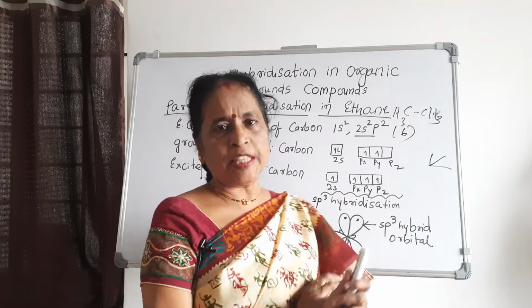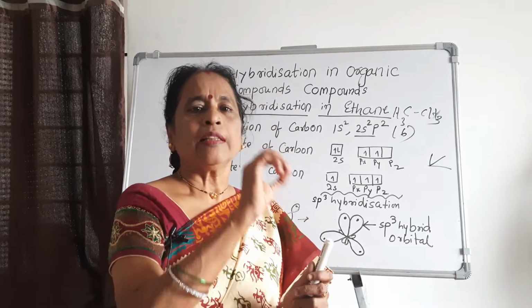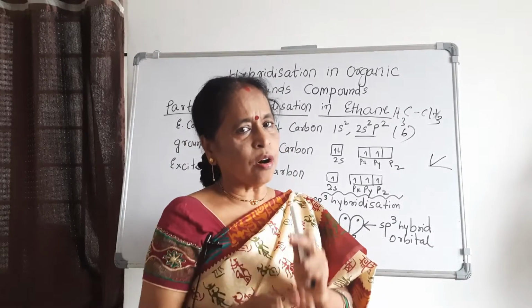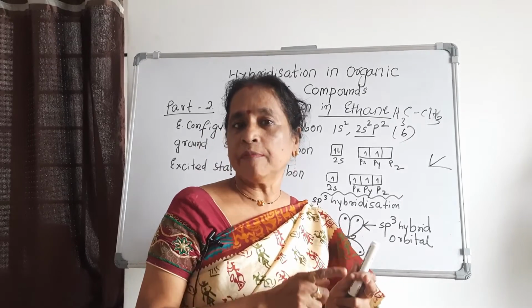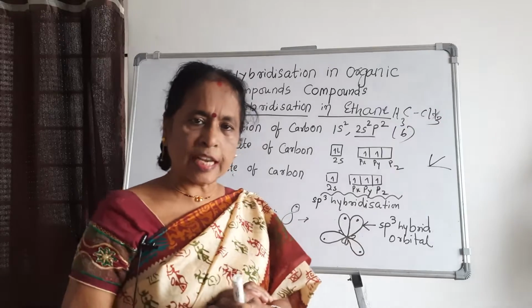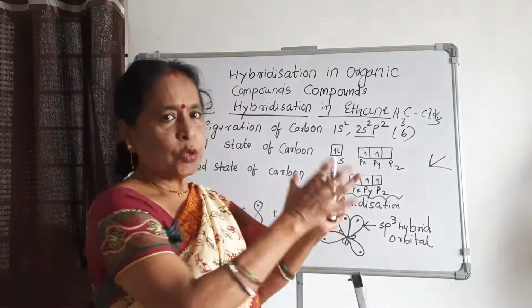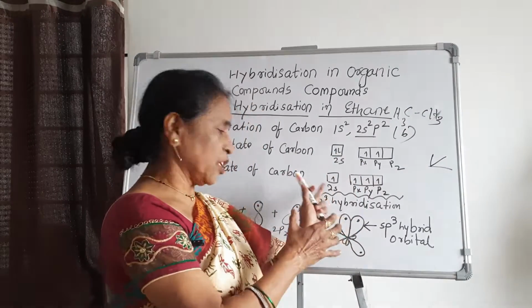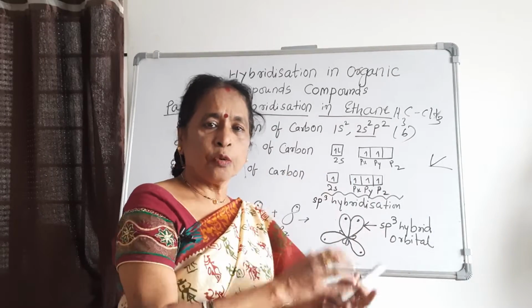Like here the sp3 orbitals, where the bonds formed have the same energy and bond length. Here sp3 hybridization takes place by combining 2s, 2px, 2py, 2pz.